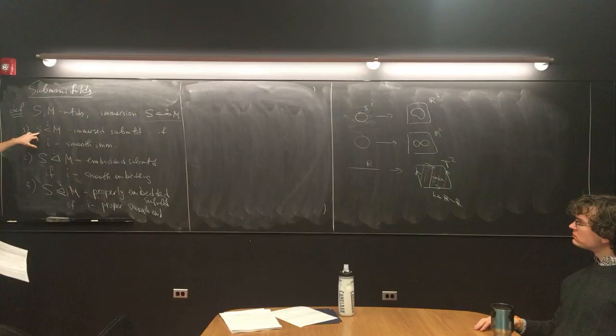It turns out that any smooth submersion is an open topological quotient map.